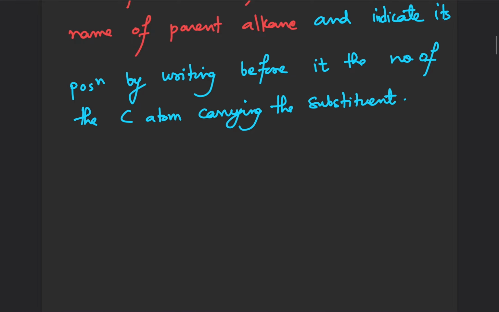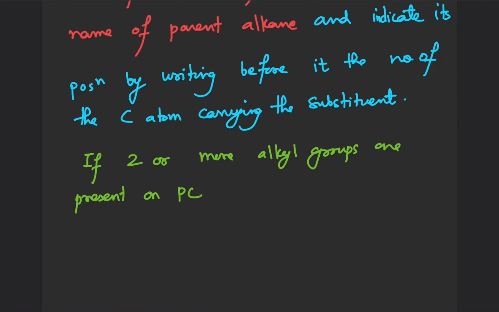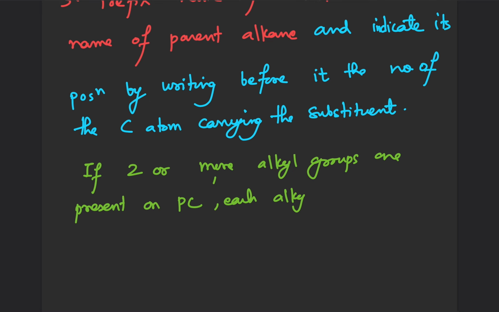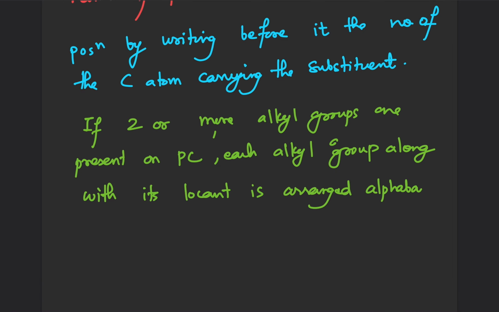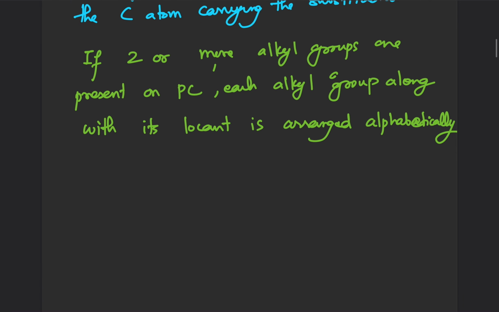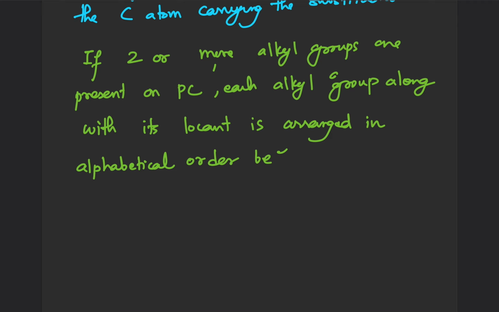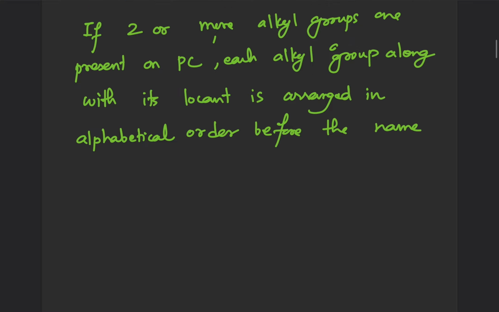So if two or more alkyl groups are present on the parent chain, each alkyl group along with its locant is arranged in alphabetical order before the name of the parent alkane.